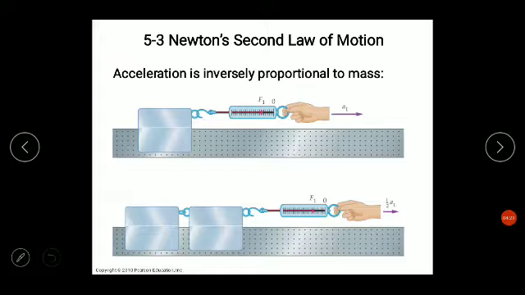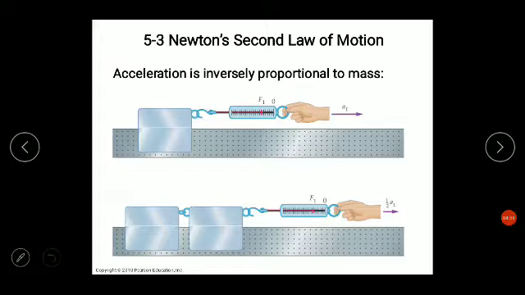Okay, so the more massive the object is, the greater the force that you have to apply for that object to accelerate faster. So in this illustration, for the first figure, the acceleration is quite big relative to the second figure.